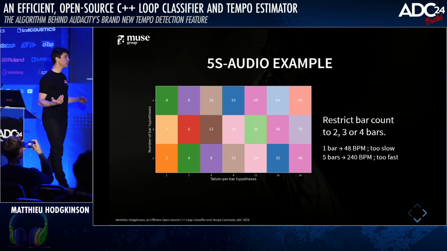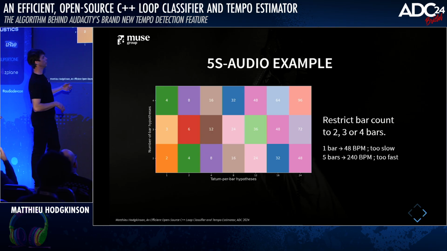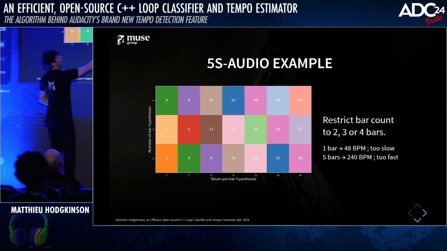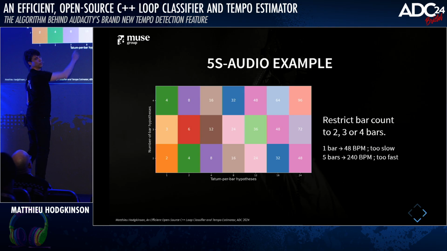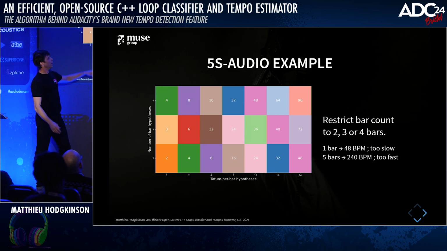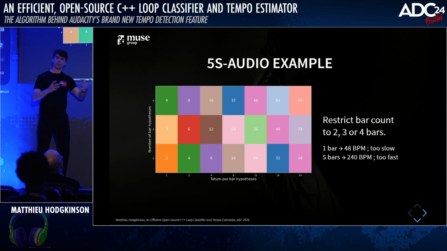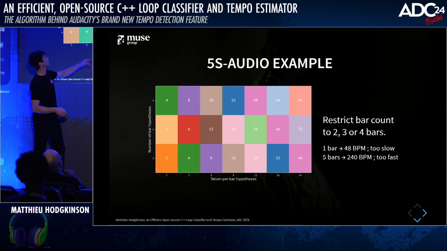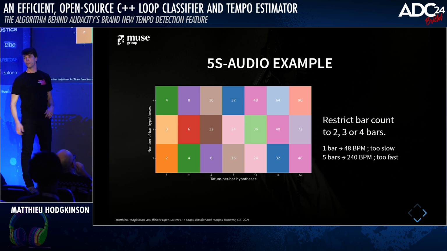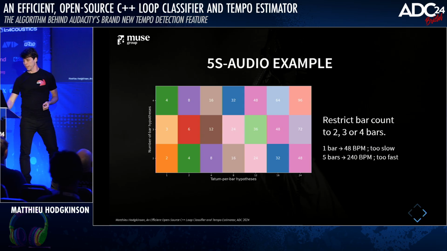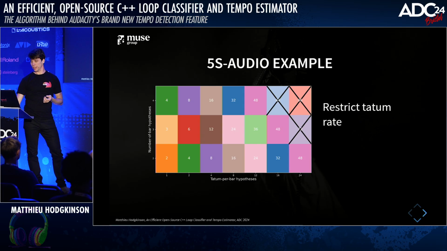And the combination then leads to the overall tatum count within the example. So 8 tatums per bar, 2 bars, 16 tatums, right? I used colors because there are some tatum counts which are explained by different bar count and tatum per bar combinations. The 16 tatum count could also be 4 bars of 4 tatums, right? This is going to be of relevance when we come to the disambiguation step at the end.